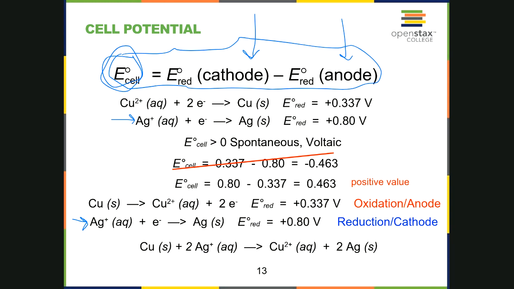So that's going to go up here. I think I said cathode, I don't know. Anyway, I meant to say anode. That's where the oxidation is going to occur, and for that one, we have to flip it around. So we have to take the products, make them into reactants, take the reactants, make them into products. Okay? And then we can combine those two reactions together and get the overall reaction for that particular process.